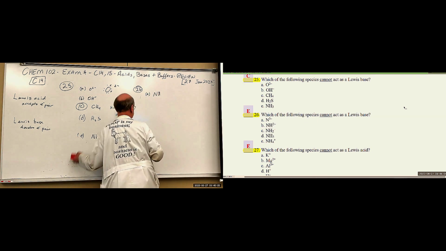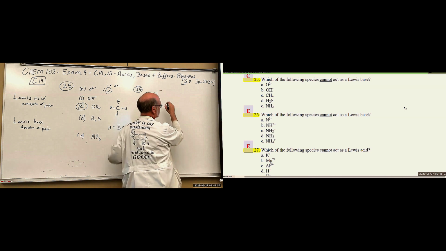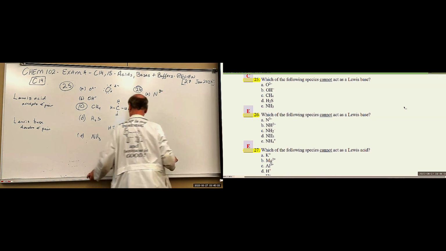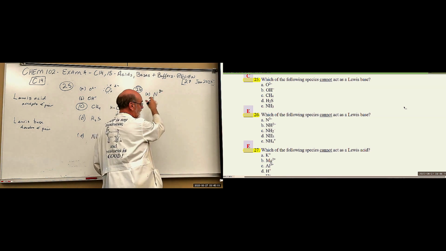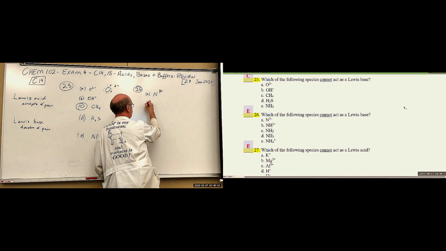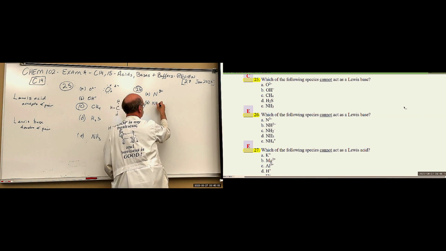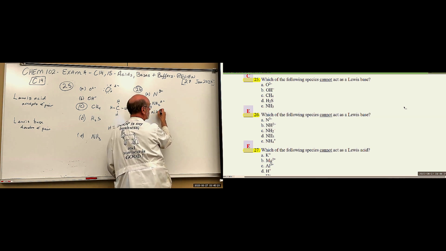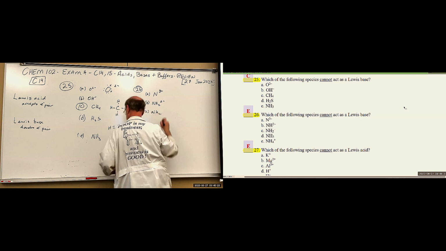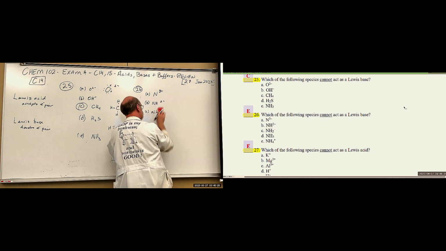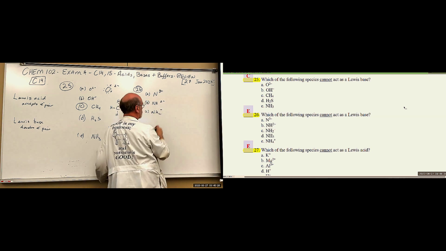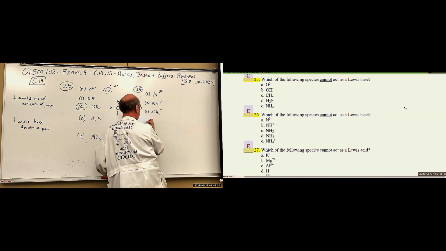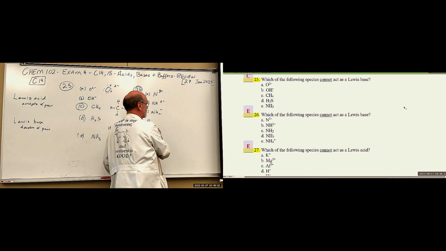Let's see. N3 minus, got lots of extra electrons. NH2 minus, NH2 minus, we still got extra electrons. Those are all valid bases.